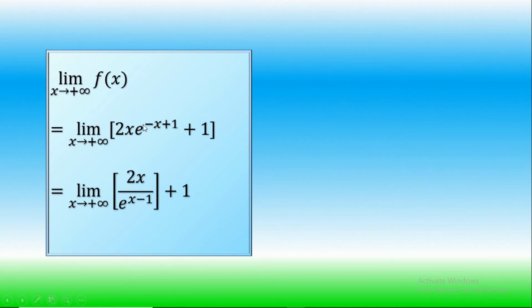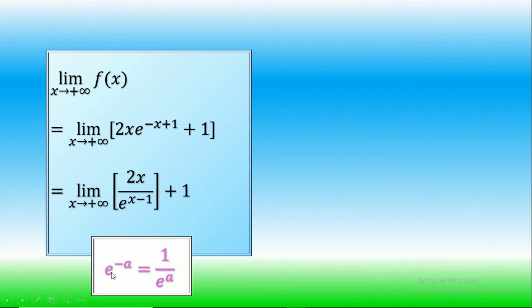Note that minus x will tend to minus infinity. Here minus infinity plus 1 is minus infinity. Well, exponential of minus infinity, isn't it 0? Well, here x tends to plus infinity times 0 is indeterminate. Well, here we cannot apply L'Hôpital's rule directly. But if you know something, we can transform it into a fraction and then apply L'Hôpital's rule.